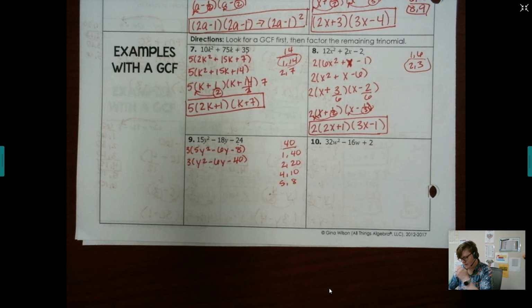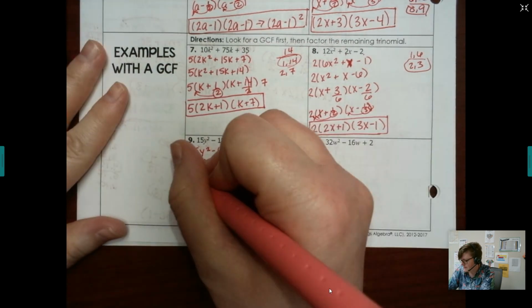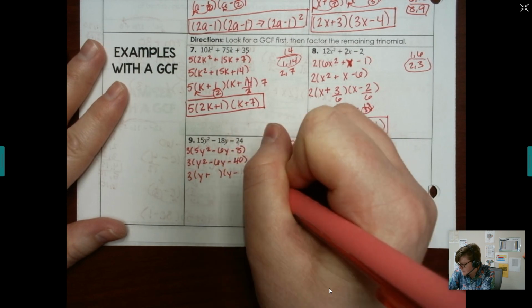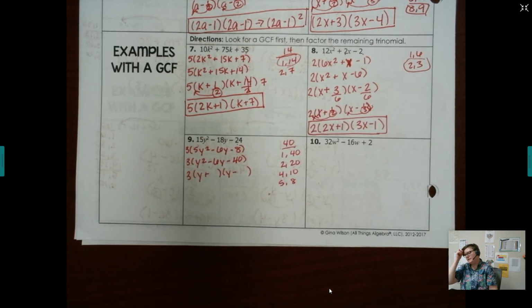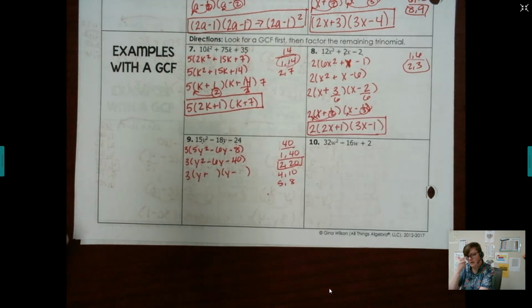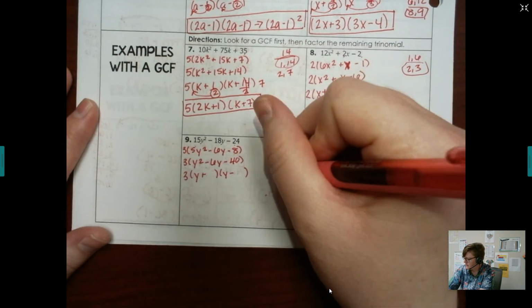Okay, we want them this time, y plus, y minus, to subtract to 18. They want to be 18 apart from each other, which is actually going to be our 2 and 20. And the middle's negative. When I say 18, I do not mean 18. I mean 4 and 10.